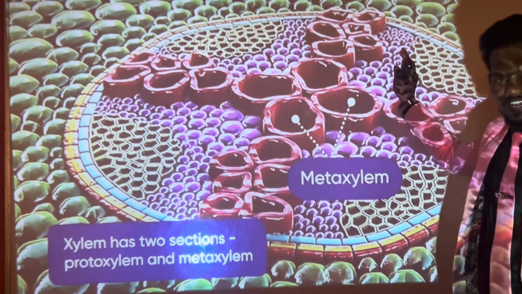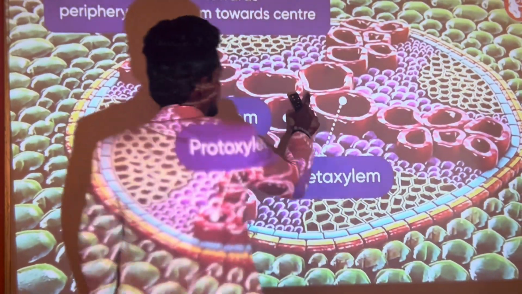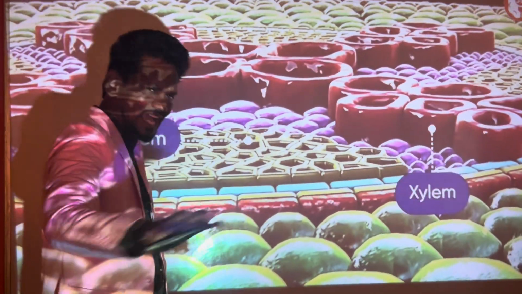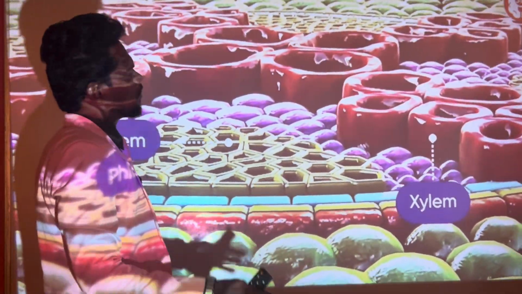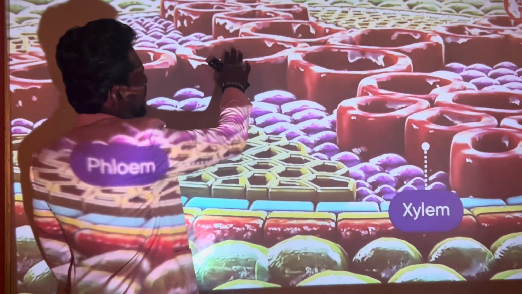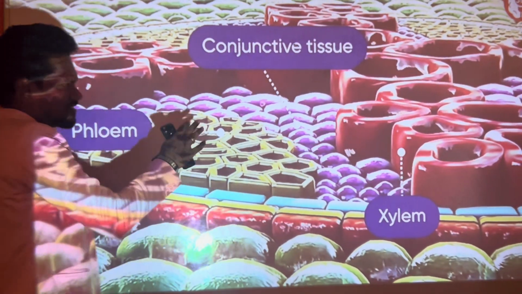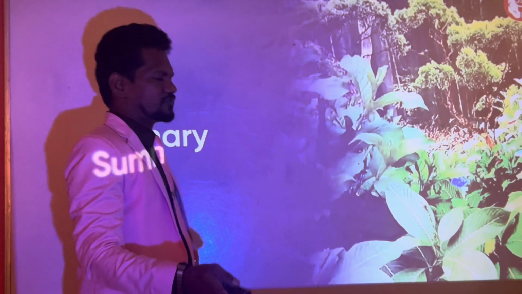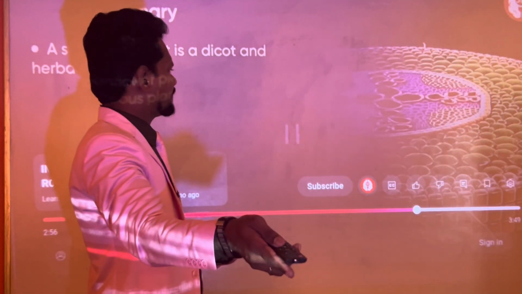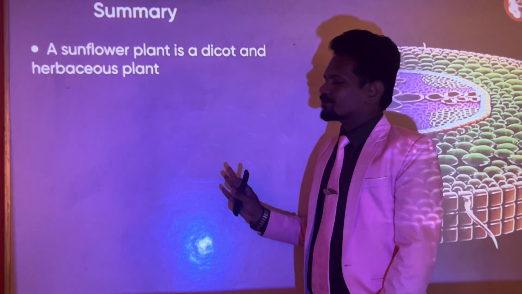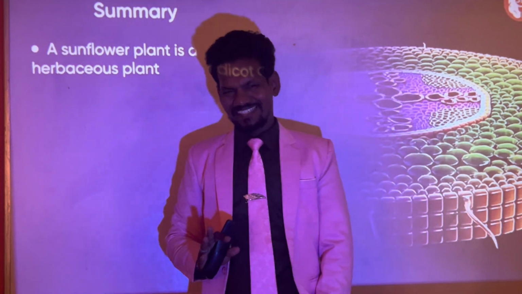So this is a dicot root because the pith or medulla is very small or sometimes absent. But in a monocot, the pith is vast. In dicot, it is very small or absent. So these are the main differences between dicot and monocot root, TS of root.